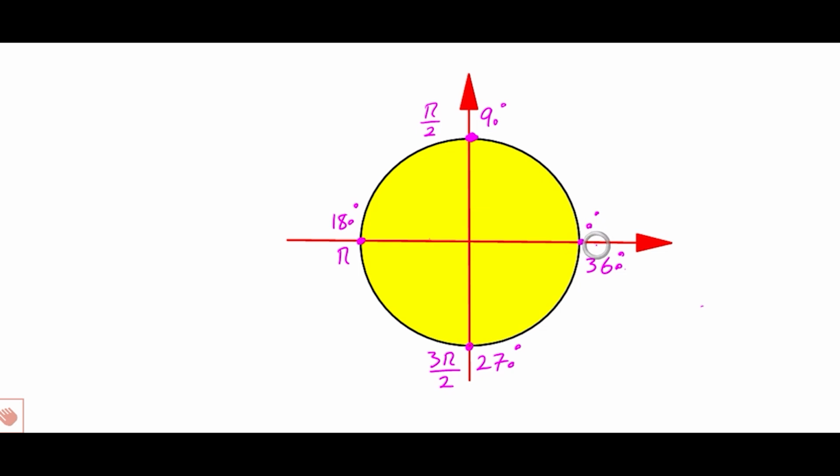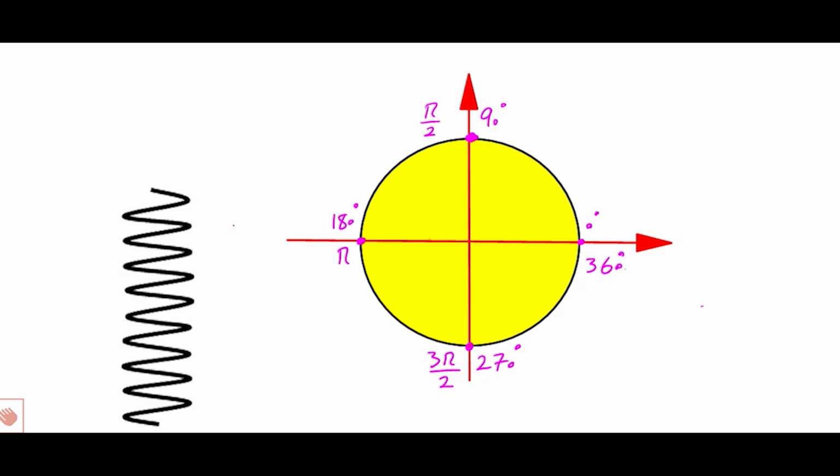Is that possible? I mean, is 0 equal to 360 degrees? In terms of measurement, no. But in terms of trigonometric ratios, yes. Let me explain a bit more. Think of the unit circle like a spring. If we look at it from above, the point at 0 and the point at 360 degrees line up perfectly on top of each other.